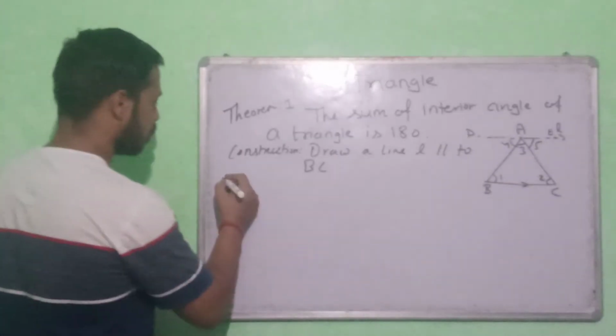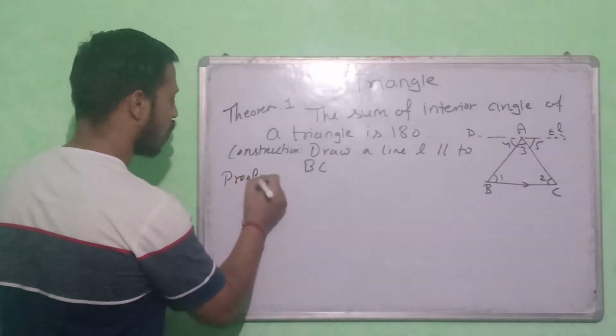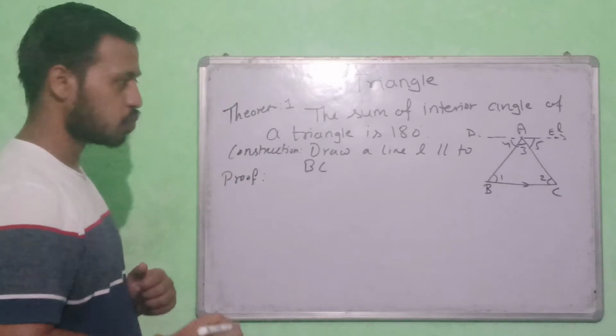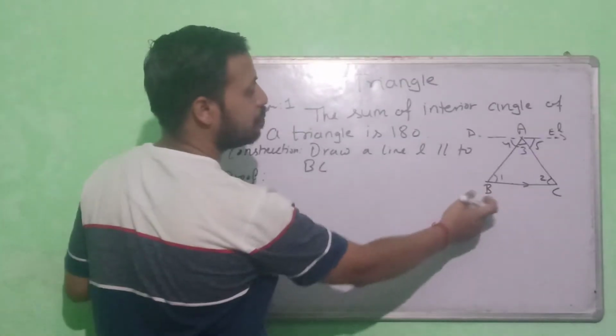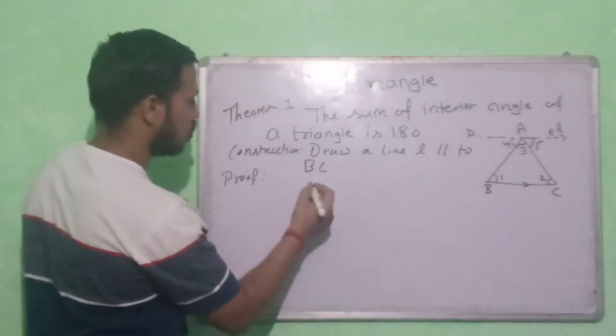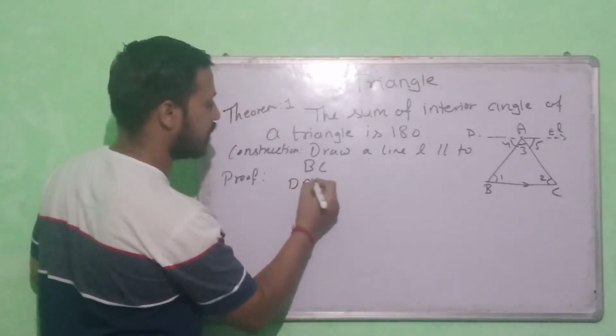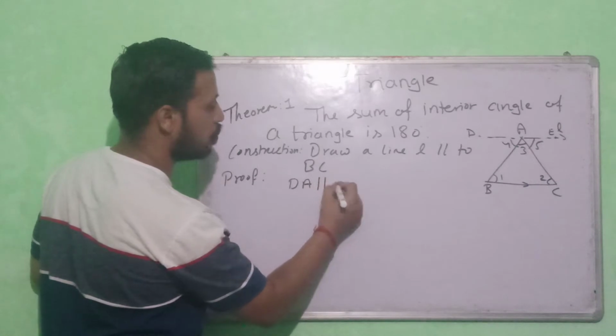Now the proof. How will we prove this theorem? As you know, line DAE is parallel to BC.